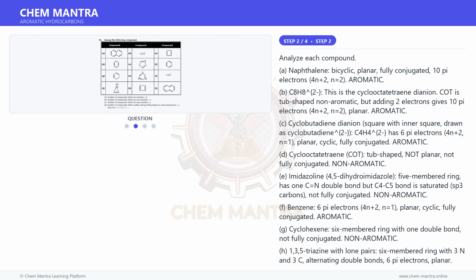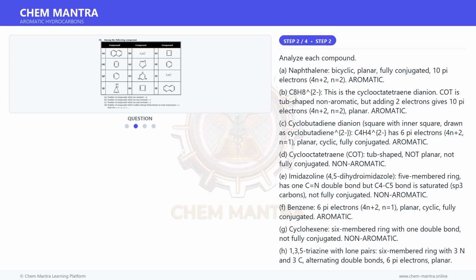I. C3H3+, cyclopropenyl cation, 3-membered ring, 2 pi electrons, 4n plus 2, n equals 0, planar. Aromatic. J. Cyclopropenyl cation with O, essentially a hydroxycyclopropenyl cation. The 3-membered ring is aromatic, 2 pi electrons.